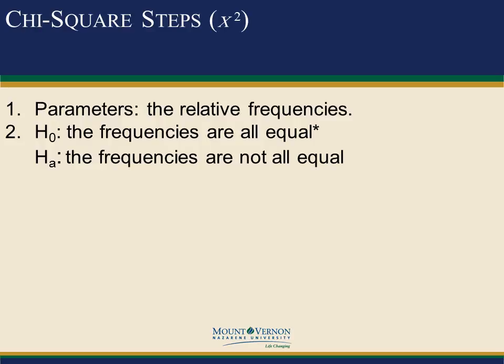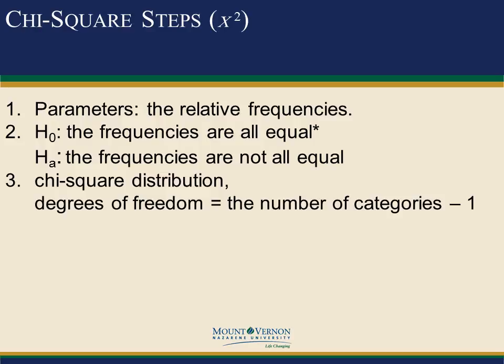For example, if we want to test whether or not a particular set of percentages matches the data, then the null hypothesis will be that the frequencies match the percentages. The alternative hypothesis is that the frequencies are not all equal, or in the case where you're given a set of percentages, that the frequencies do not match the percentages given.